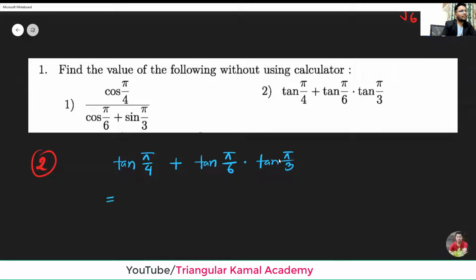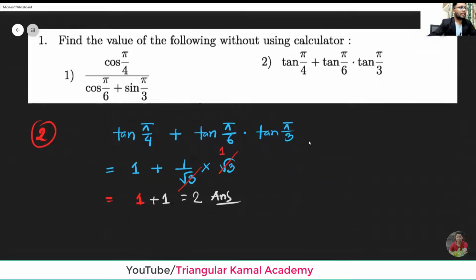So now tan 45 degree value is 1. Then tan pi by 6 means 30 degree, which is 1 by root over 3 multiply tan 60 degree is root over 3. So now eliminating denominator root 3, numerator root 3, we will get here 1. So now this is 1, and here 1 times of 1 is 1, and now is 2. And this is the final answer. Question number 1, answer is 2.